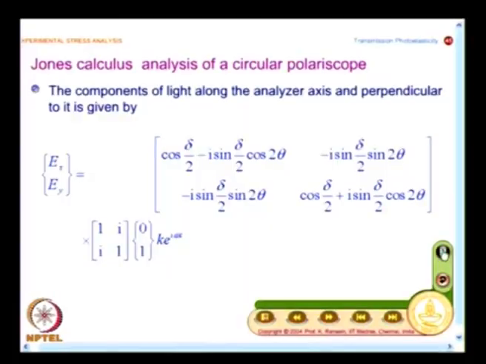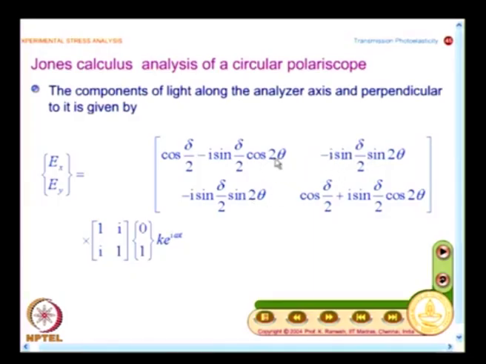So, I have the matrix here, I have this as cos delta by 2 minus i sin delta by 2 cos 2 theta, and the diagonal term I have to just change the sign, that is all I have to do. Compared to the first term, the diagonal term is simply a change in sign. I have cos delta by 2 plus i sin delta by 2 cos 2 theta. Then I also mentioned these two cross terms are not difficult.